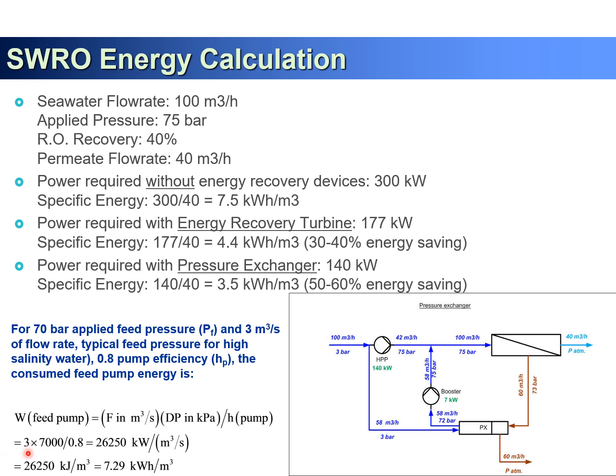So 3 cubic meter per second, 70 bar pressure, pumping efficiency 0.8. We calculate this value and convert the unit, and theoretically the pumping cost for RO membrane is 7.29 kilowatt hour per cubic meter. However, we have an energy recovery device, therefore we save more energy.